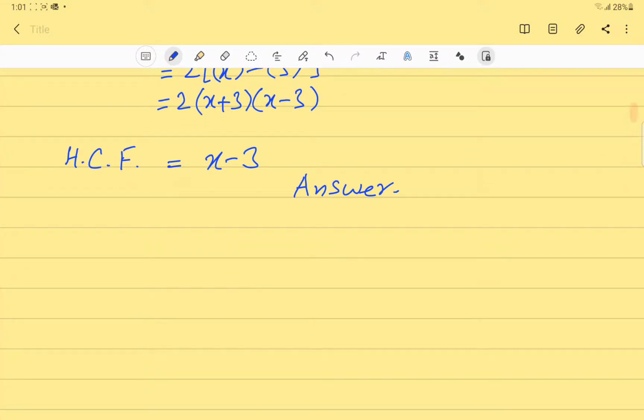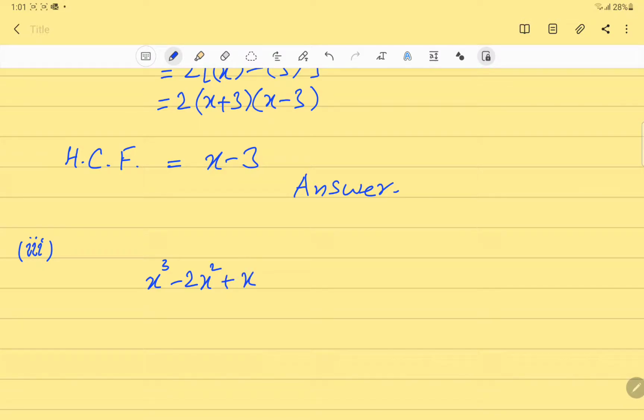Now we move on to our third question. Again we have three expressions here: x cube minus 2x squared plus x.